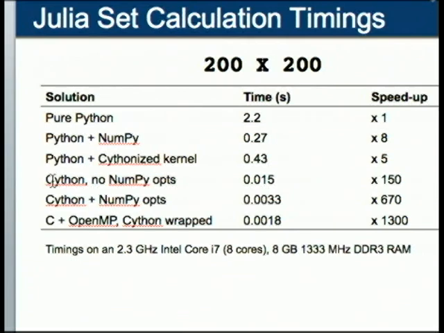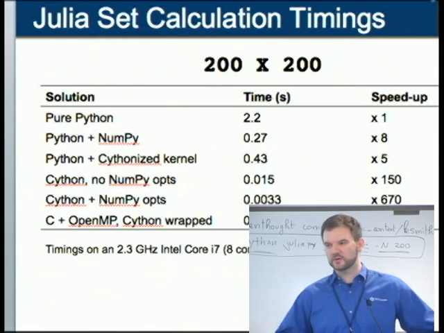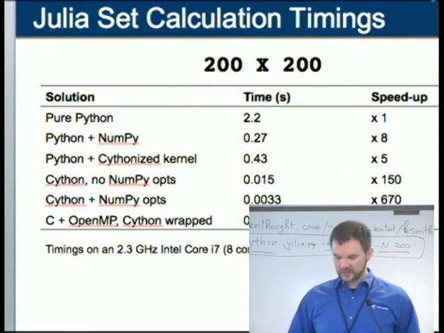This version here is all Cython without any Numpy specific stuff, and we get 150x. Cython with Numpy optimizations gives us 670x. And this version down here we didn't cover, but this is wrapping externally. We wrote the same version in C with OpenMP, so we can access our cores, and we get a 1300 speed up.